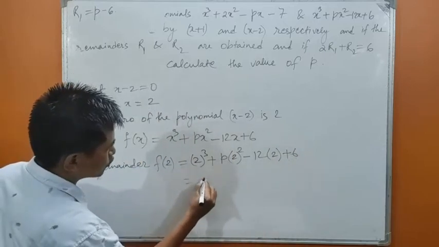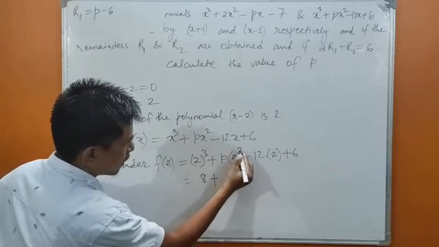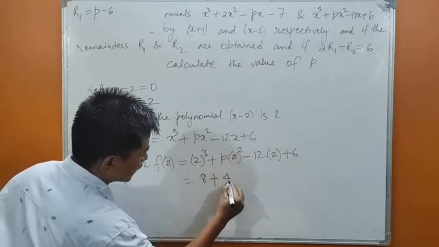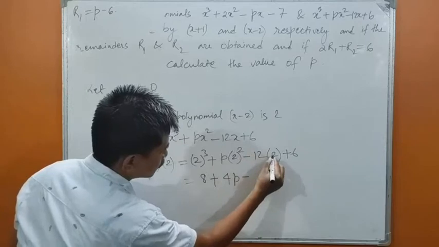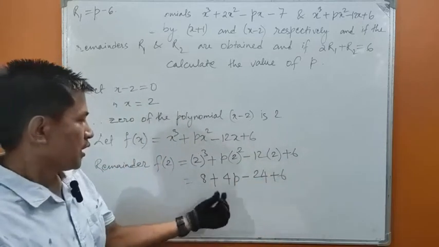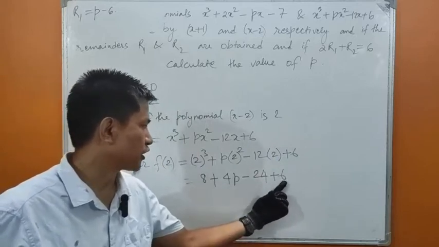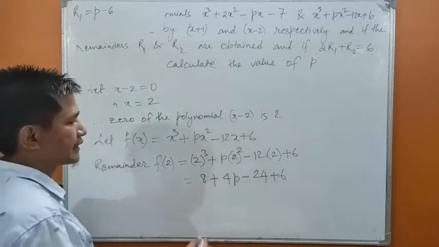So 2 cubed is 2 times 2 is 4, 4 times 2 is 8, plus 2 square means 4, 4 into p is 4p, minus 12 times 2 is 24, plus 6.